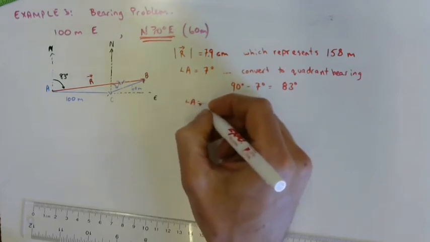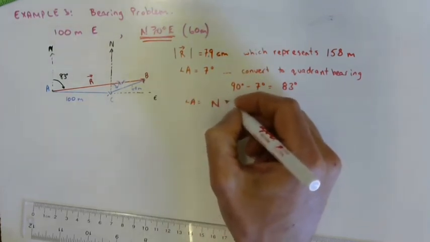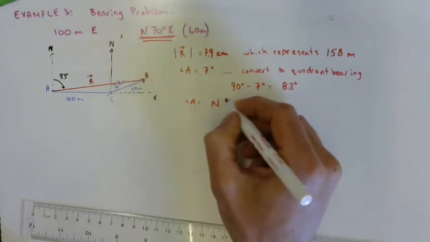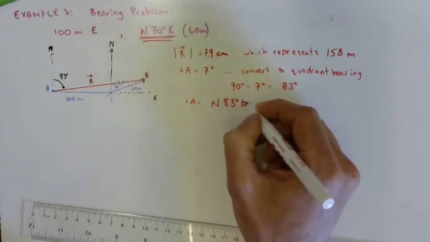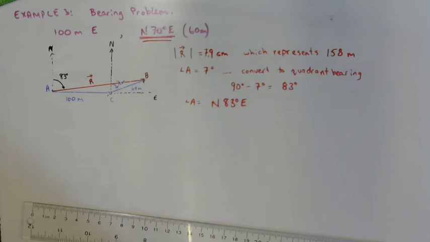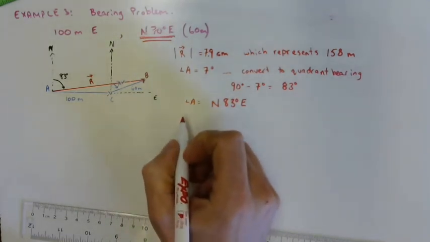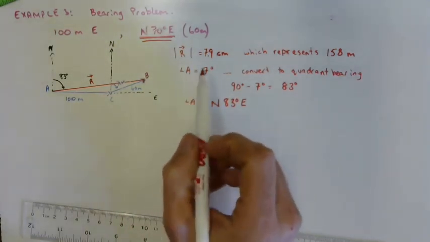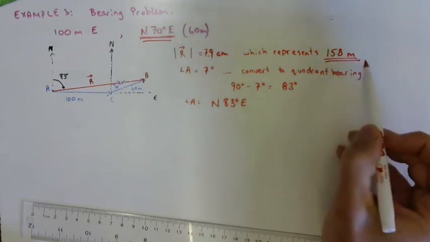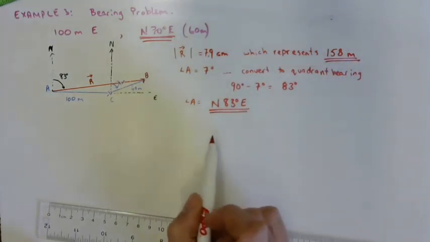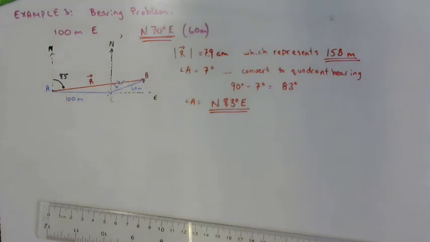Therefore, angle A is north 83 degrees east. So you've traveled about 158 meters from your starting position at a quadrant bearing of about north 83 degrees east. If we could summarize that, let's just leave it as this. So you traveled 158 meters at a bearing of north 83 degrees east.